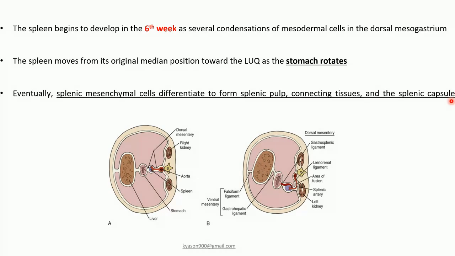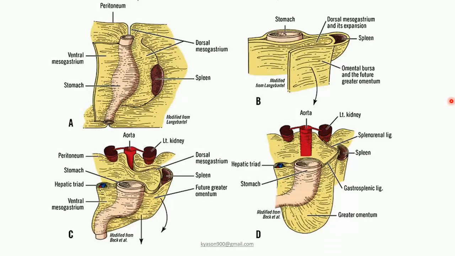During development, the spleen forms within the dorsal mesogastrium. Normally the tube rotates so that the spleen can go to the left side. As it goes to the left side, the dorsal mesogastrium differentiates to give rise to the various supporting structures of the spleen.